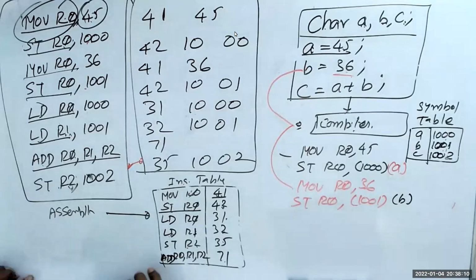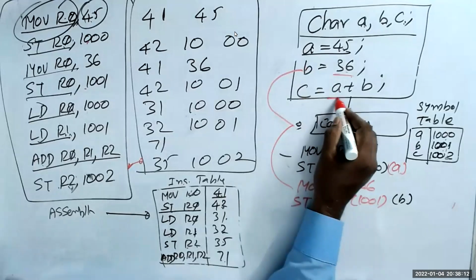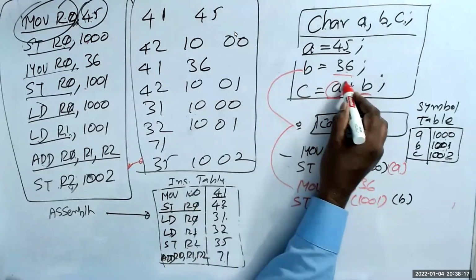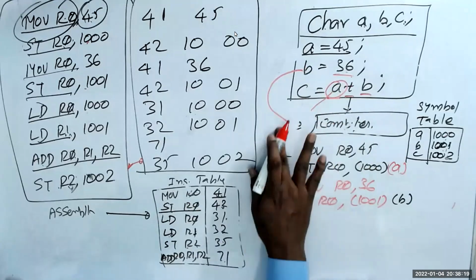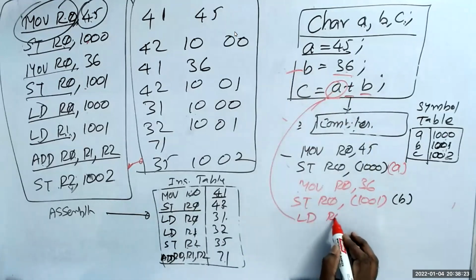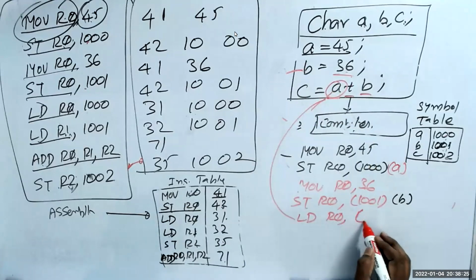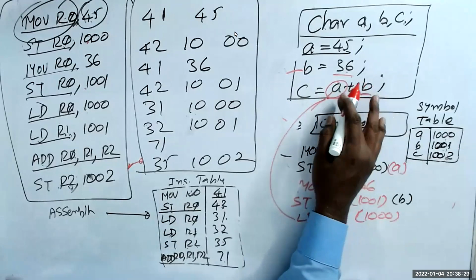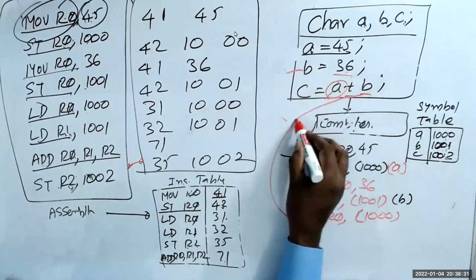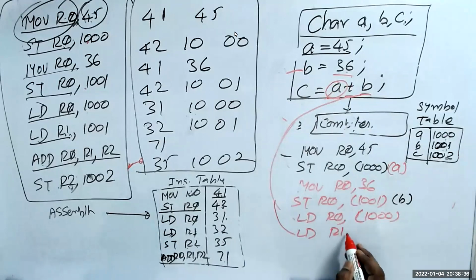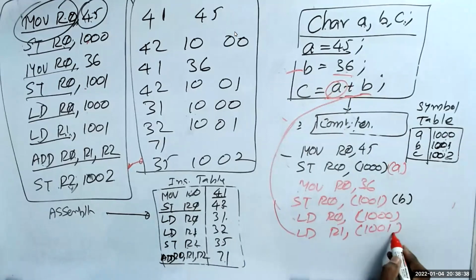Then you are doing A plus B. You are adding. So what is A? It is reading A now. Load R0, 1000, because 1000 is A. Then it is reading B. Load R1, 1001.